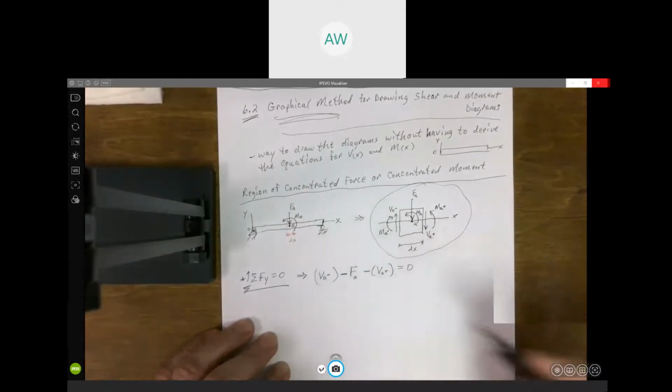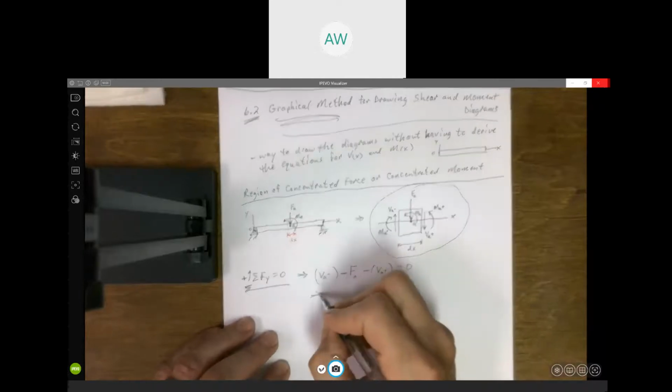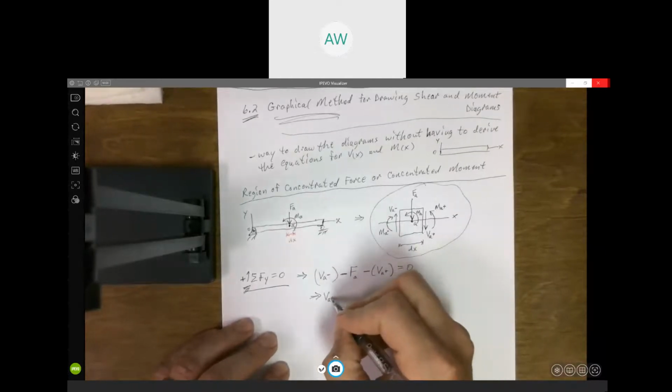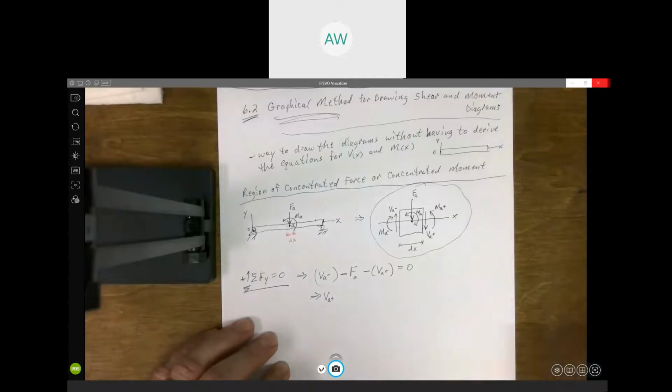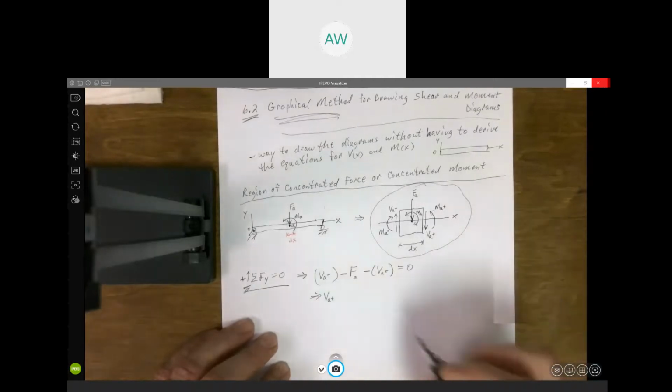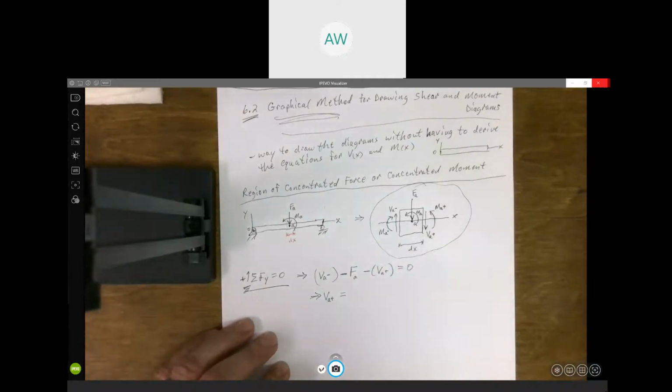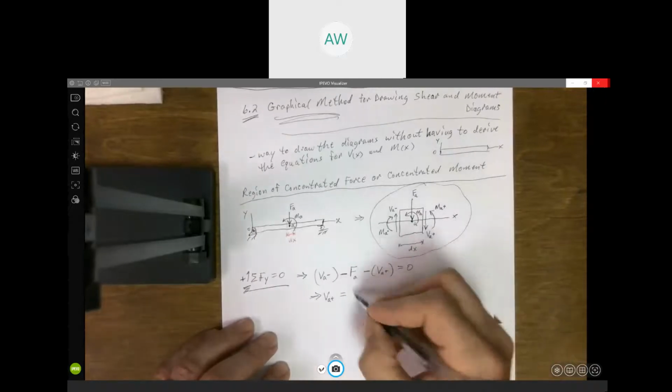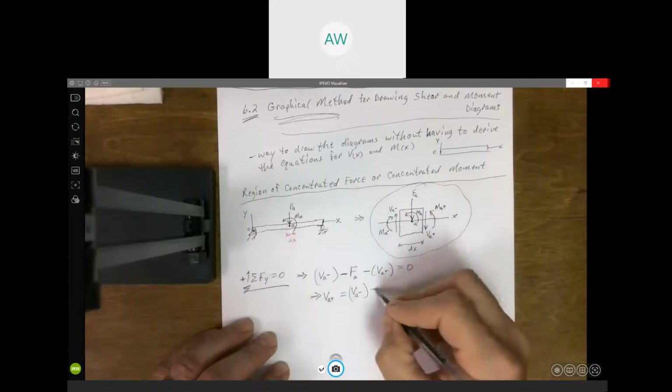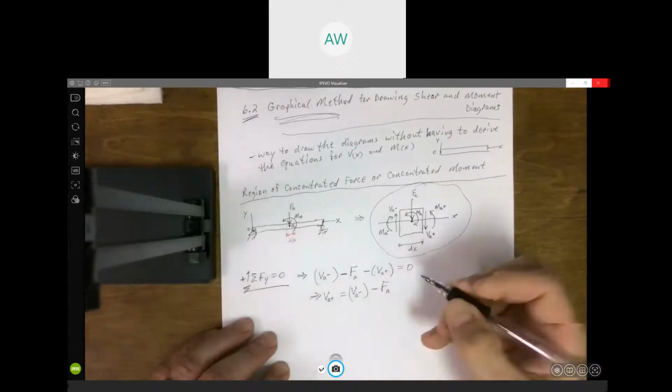So let's solve for VA plus. VA plus, the shear force just after point A where that applied force is, is equal to VA minus minus that applied force FA.